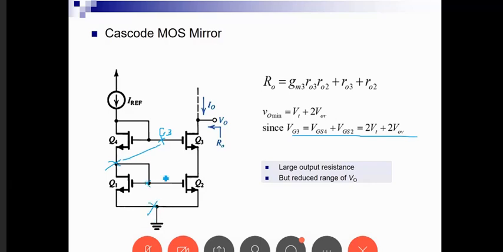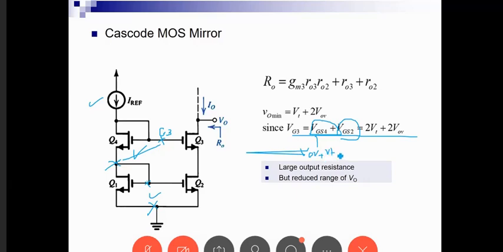Now VGS4. So VG3 equals VGS4, which is this portion, plus VGS2, which is this portion, by KVL because this is the loop. Now we know since each one of these transistors is diode-connected that its VGS is equal to VOV plus VT.